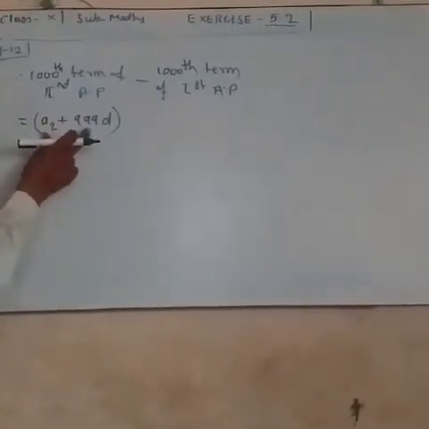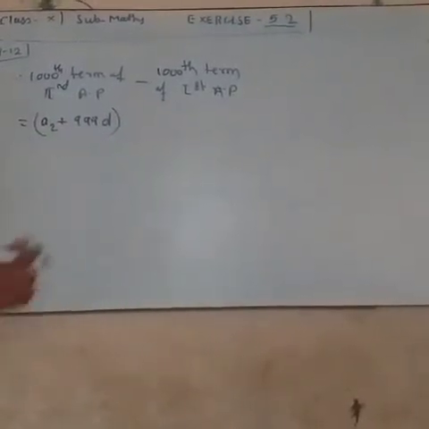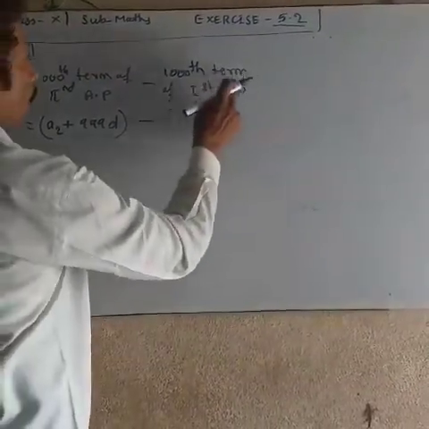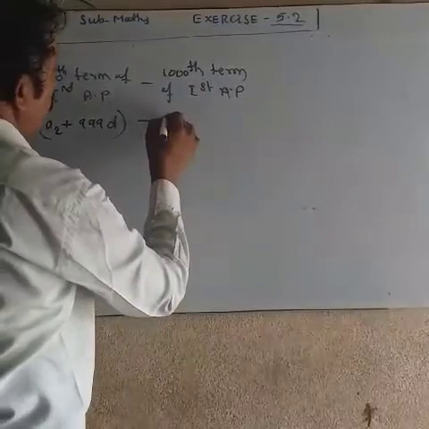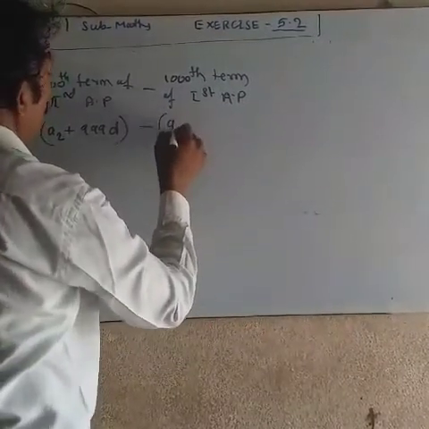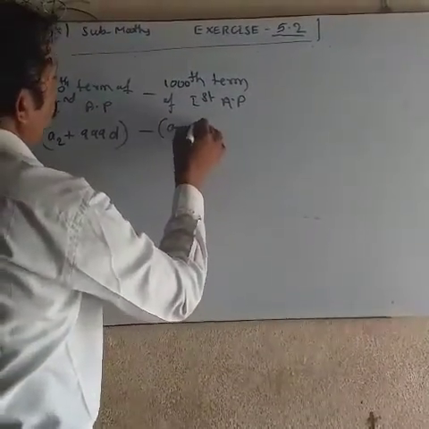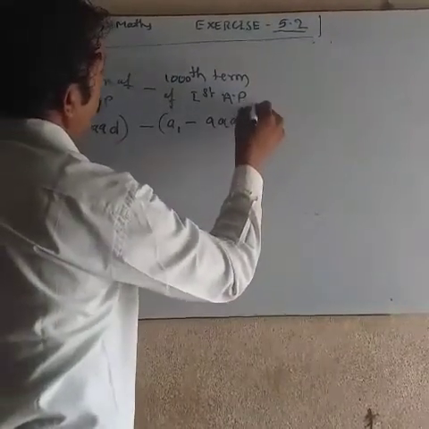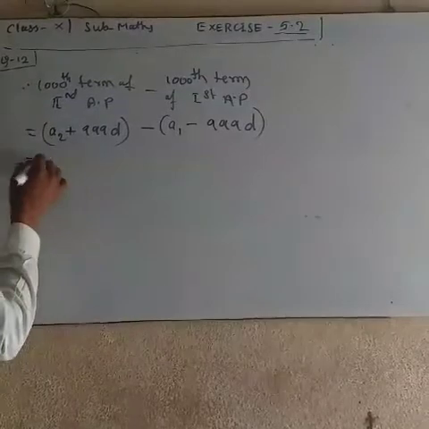This is the thousandth term of second AP minus the thousandth term of first AP, which is A1 plus 999D. Now remove the bracket.